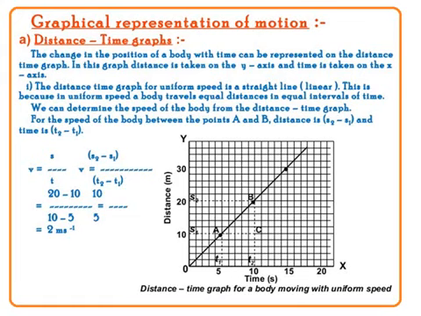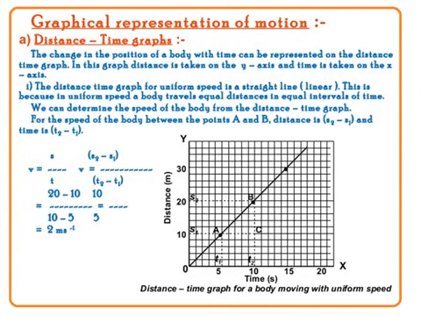And for the point B, the distance is 20 kilometers and the time is 10 seconds. So here S2 value is 20, S1 value is 10, T2 value is 10 and T1 value is 5.